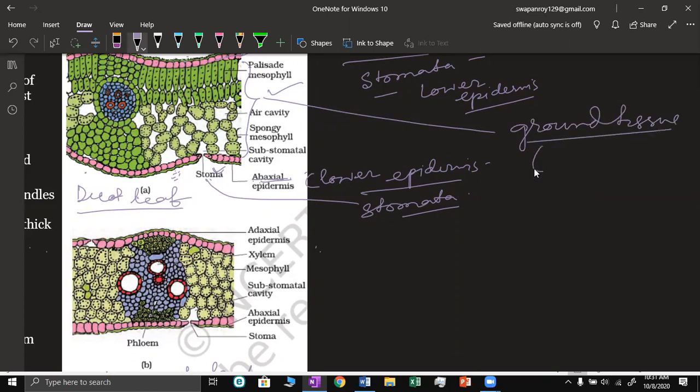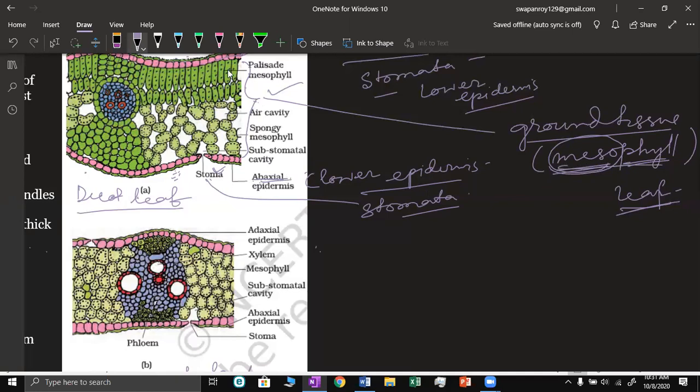The ground tissue in the leaf is known as mesophyll. Why is it called mesophyll? Phyll is leaf, and meso means in between or inside. That is the tissue within the leaf. So the ground tissue of the leaf is mesophyll tissue.